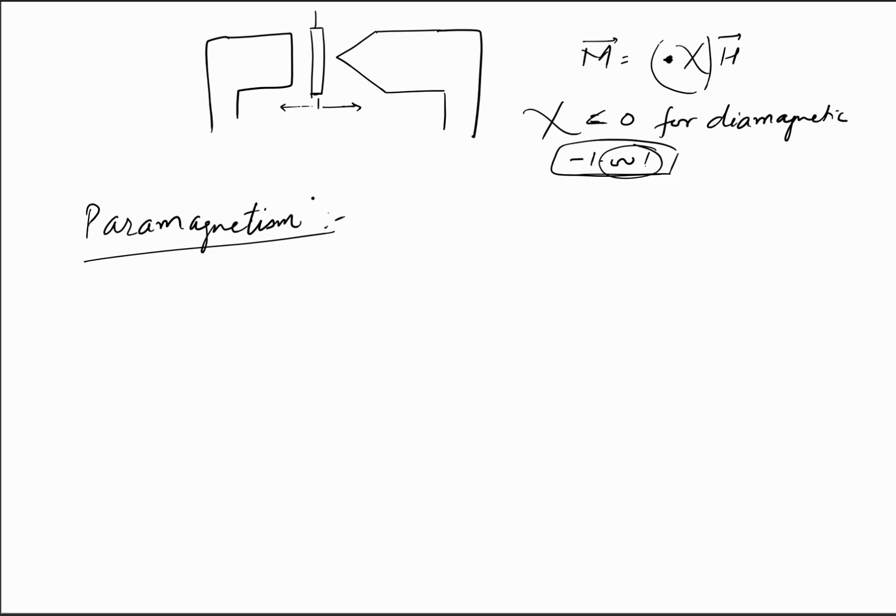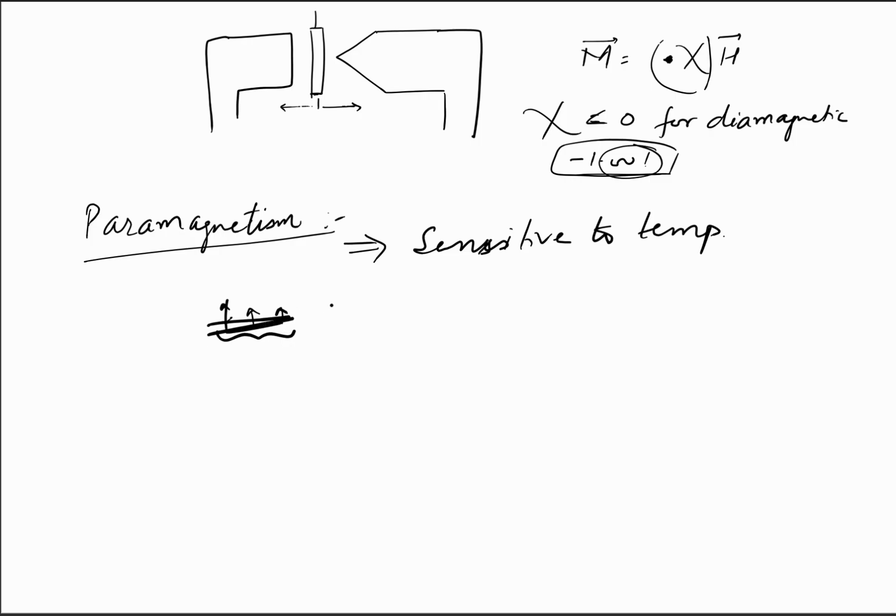So it implies that this effect of paramagnetism is sensitive to temperature. That is, the alignment of the moments along the field can be easily broken or overcome by the thermal motion of those constituent particles.